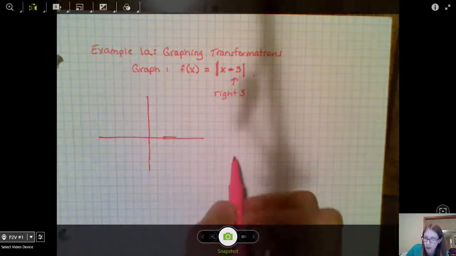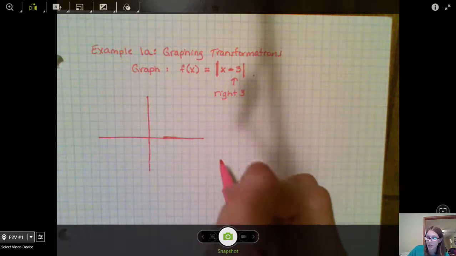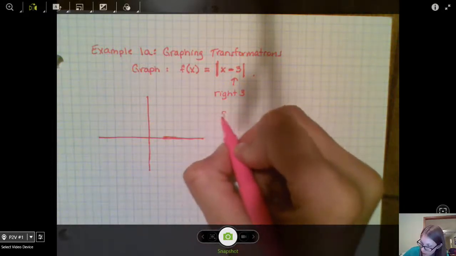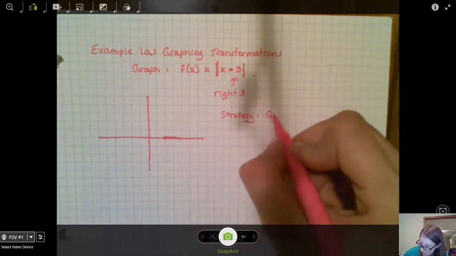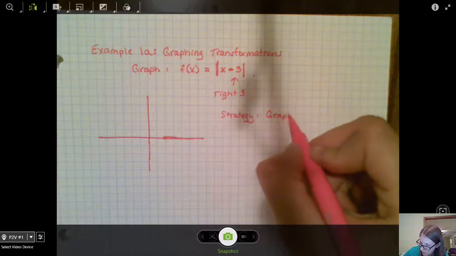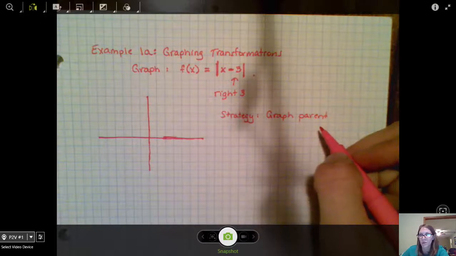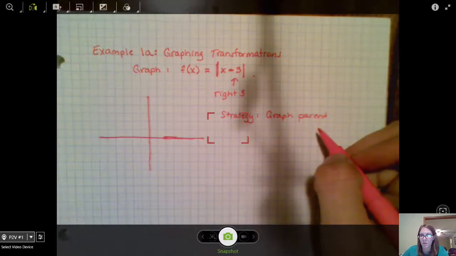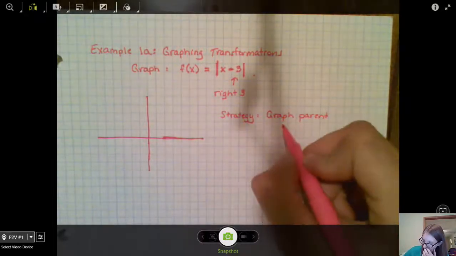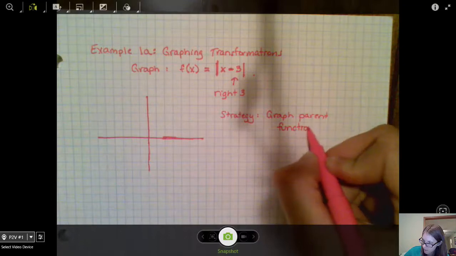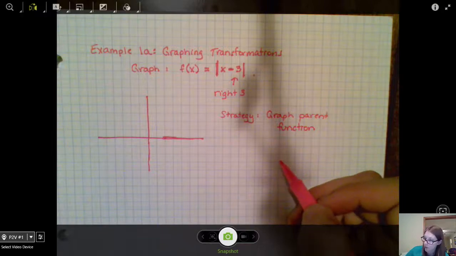And we have two different strategies that you can use to graph a transformation. Our first strategy is to graph our parent function. Okay, so we'll graph our parent function, which we said was absolute value.